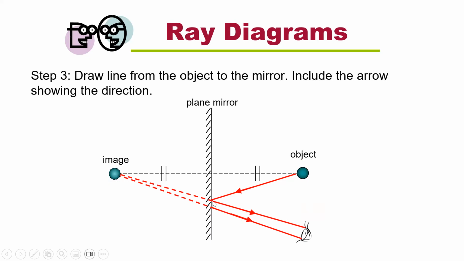Just that your eyes cannot see this bending. So your eyes will just trace back in a straight line to see the image over here. I just draw two rays, but you can also just draw a single ray. So that's very simple on how to draw ray diagrams.